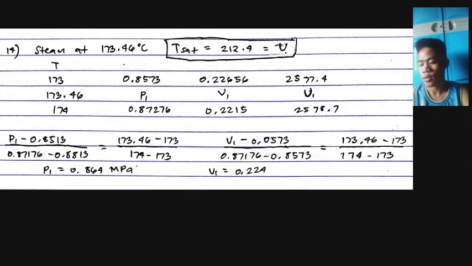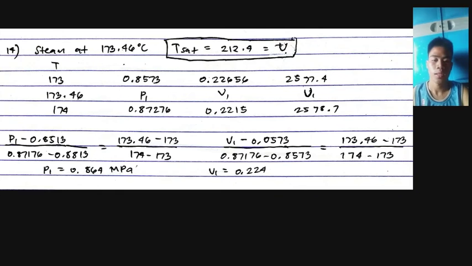So for finding P1 and V1, it will be P1 minus 0.8513 over 0.87176 minus 0.8813 equals 173.46 minus 173 over 174 minus 173. And next, V1 minus 0.0573 over 0.87176 minus 0.8573 equals 173.46 minus 173 over 174 minus 173.